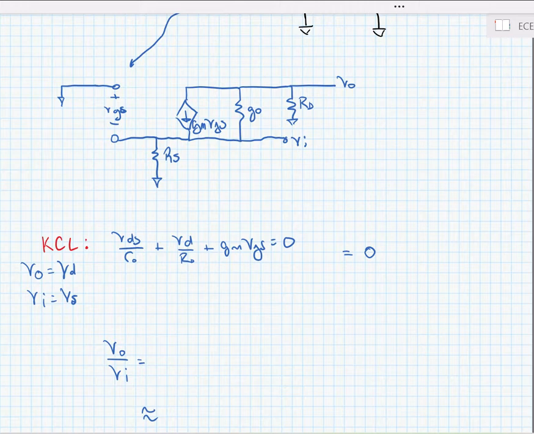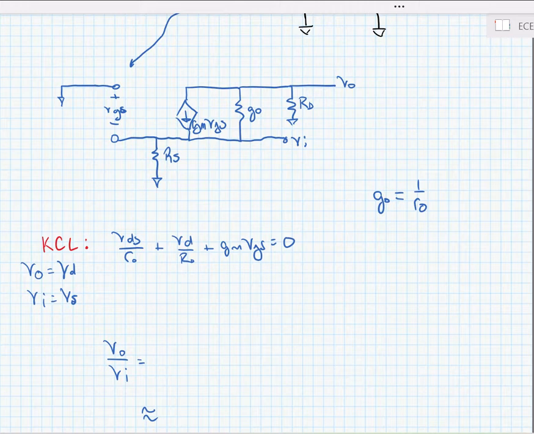So we have VDS over R naught plus VD over RD plus gm VGS is equal to 0. Now here we're noting that g naught is equal to 1 over R naught, so we can use those interchangeably.